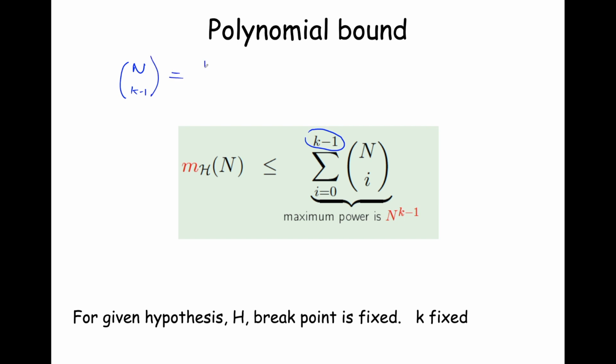So that's, of course, n factorial over n minus k plus 1 factorial times k minus 1 factorial.